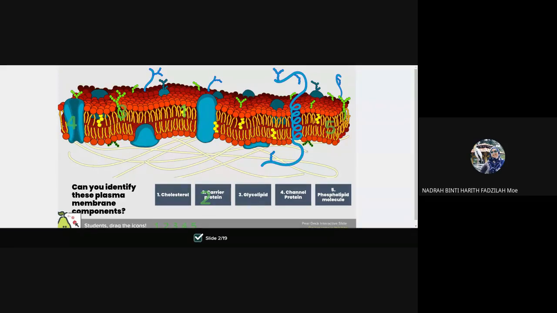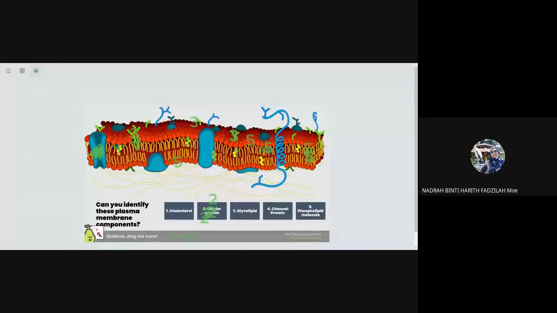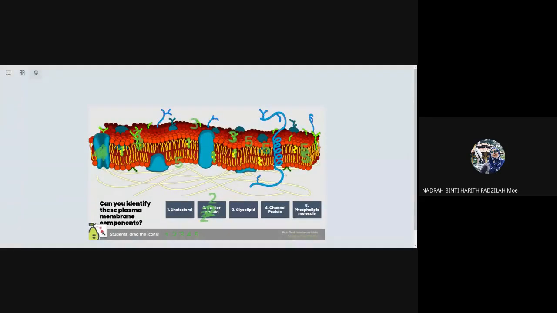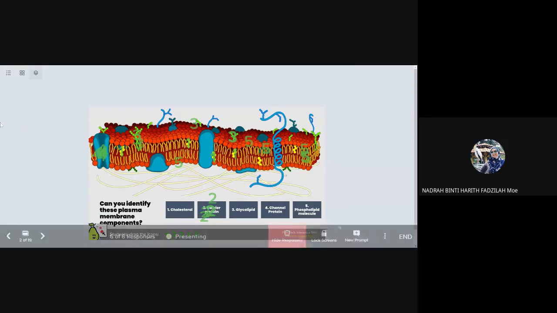So position Widat, position Nisa tu pun betul, tak ada masalah. Atira tu mungkin kena kalih. Okey, Atira dah betul kan? Halisa pun betul, Atira pun betul. Okay, very good. From what I can see here, your positions are correct, your labelings are correct.